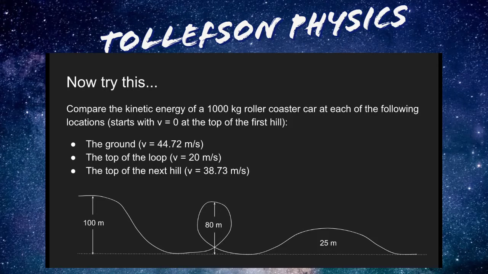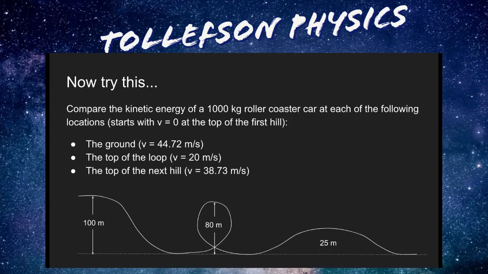The only way to learn physics is to do physics. Here's an example problem based upon the roller coaster that we've been looking at. We have the same 1,000 kilogram roller coaster at 100 meters above the ground. It starts with no velocity and everything else is gravity fed.